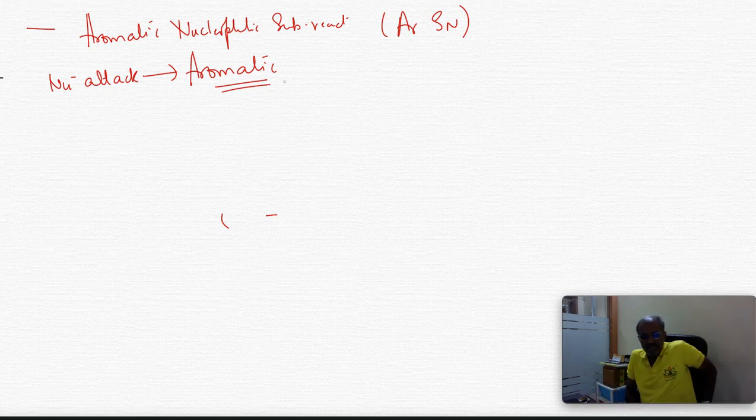Unlike the aliphatic compounds, suppose an aliphatic compound has a nucleophile A, and the aromatic compound also has the same nucleophile A. Now the reactivity, or you can say the nature of that particular nucleophile on an aliphatic substrate, will be different as compared to the aromatic compound.